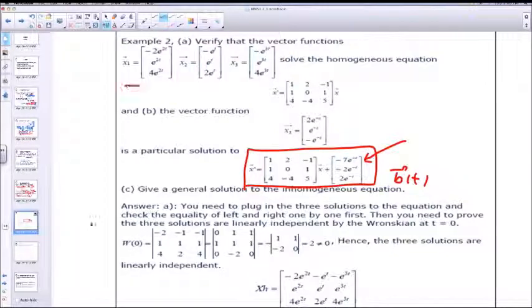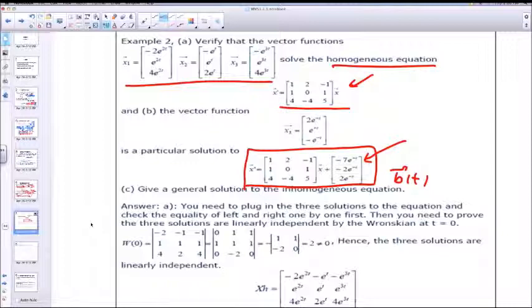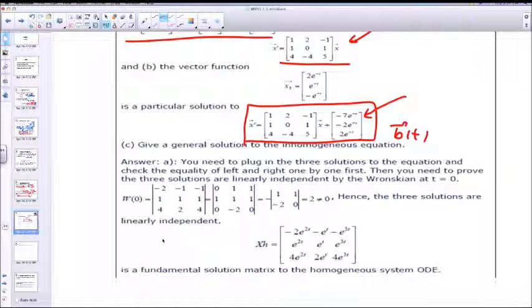First, these 3 are the solutions to the homogeneous system. That's the 3 homogeneous solutions. And put these 3 together, we call it the fundamental solution set, the solution matrix.